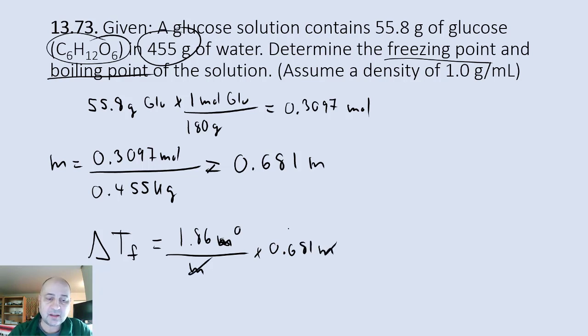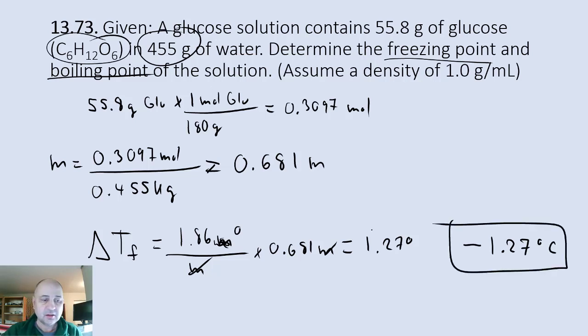See, our units cancel here, and we want our units to be in degrees Celsius. So for the freezing point, we end up with 1.27 degrees. Subtract that from the freezing point. Our new freezing point is negative 1.27 degrees Celsius.